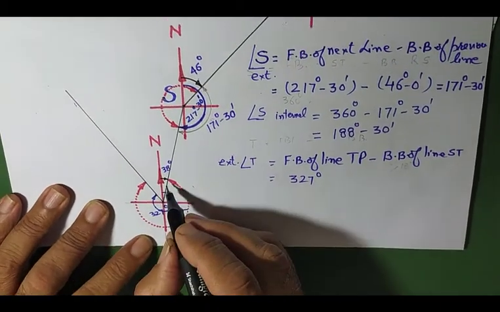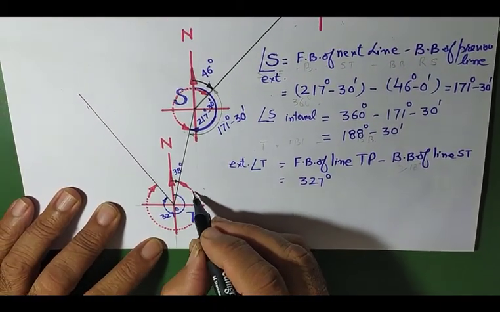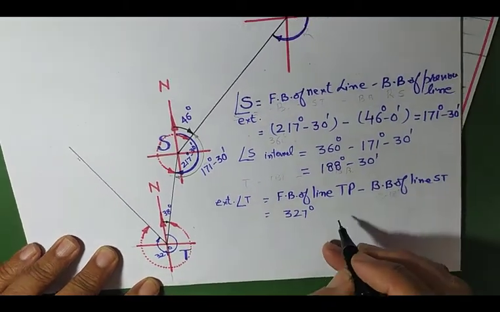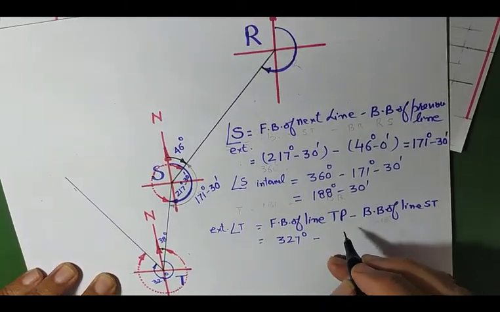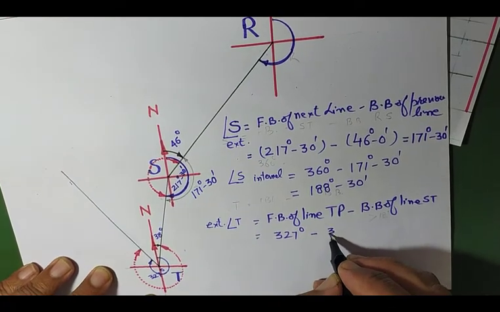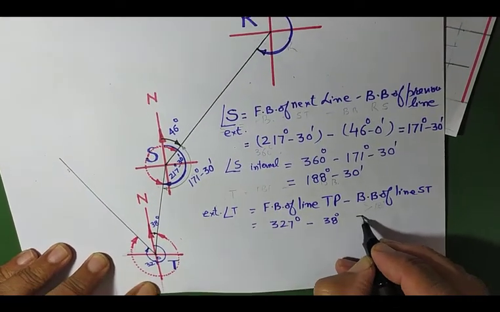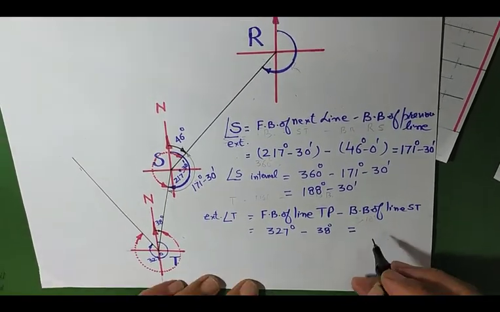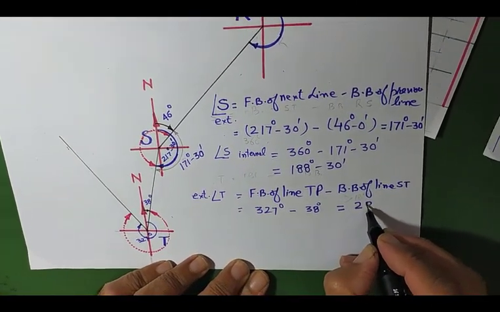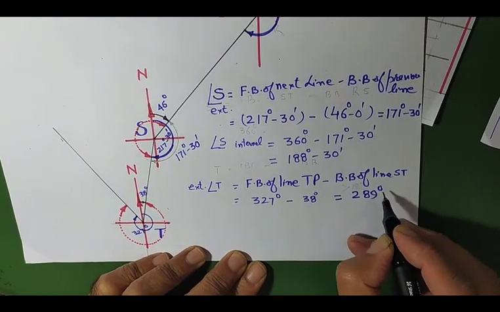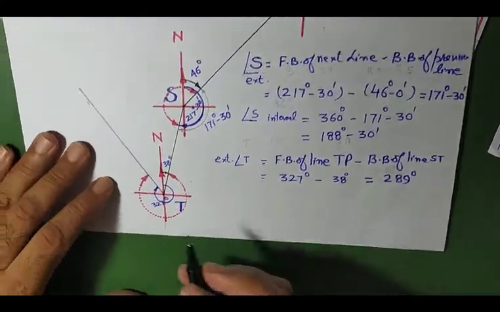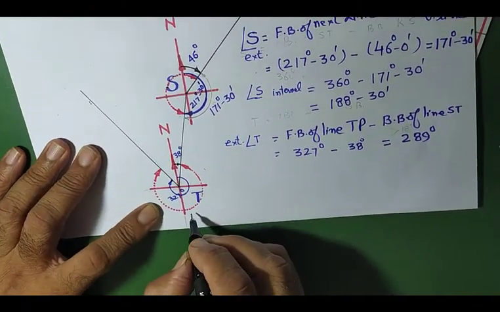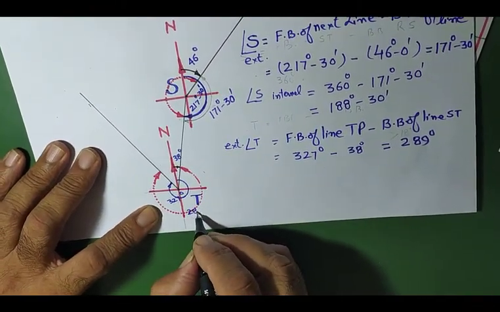If you take the difference of this and this angle, marked with the red dots, this is my external angle. This comes to be 327 minus 38 degree, which is equal to 289 degree. From the sketch, this angle is 289 degree.